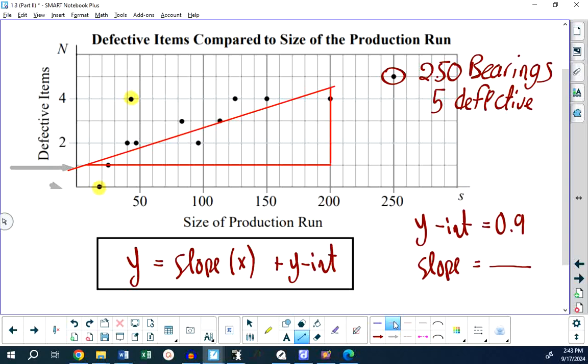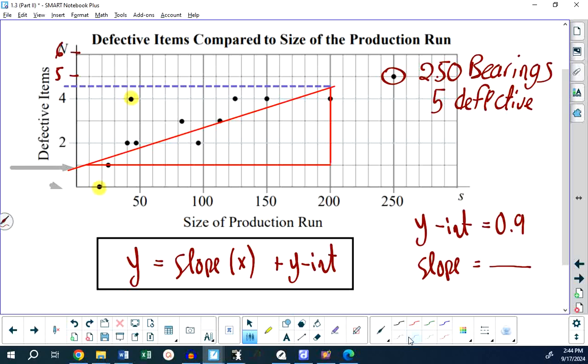Now later on today you'll get some practice doing this on your own, but for now we're just following along here. My rise, let's take a look at this very carefully. This is at about 4.25. Nope, it's at 4.5, isn't it? Because this is 4, this is 5, this is 6.